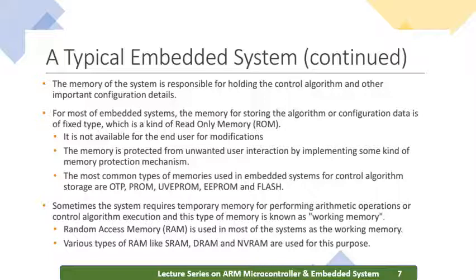SRAM is static random access memory. DRAM is dynamic random access memory. So this random access memory is used in most systems as a working memory. It is a temporary memory, so when you perform the algorithms or operations, the results will be stored in the SRAM or DRAM.